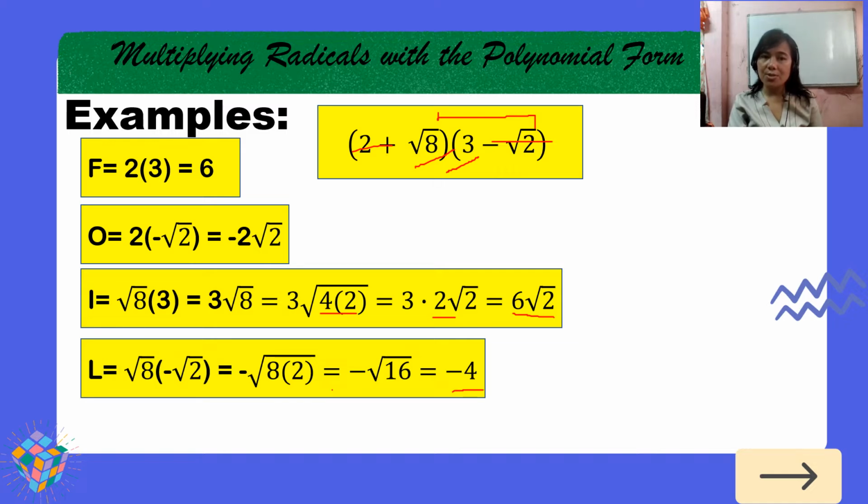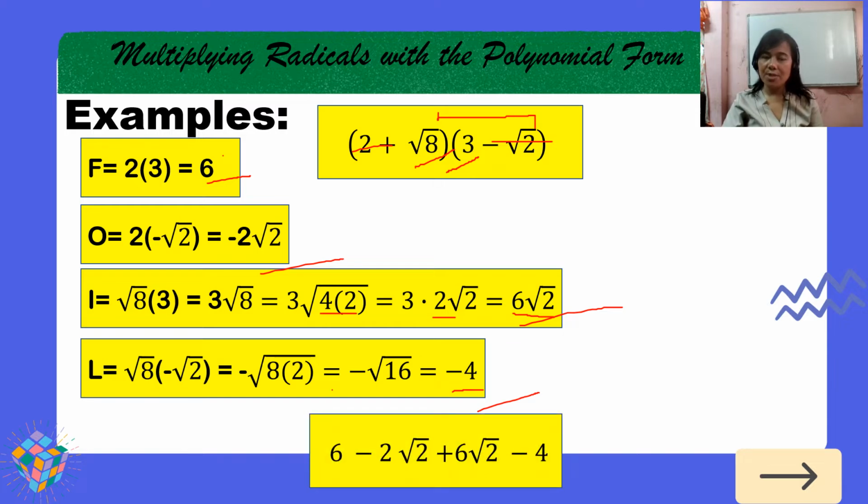Ngayon, we are going to add all the results sa dito, sa F, sa O, sa I, tsaka sa L. Okay? Adding them will have 6 minus 2 square root of 2 plus 6 square root of 2 minus 4. Ngayon, itong mga to are similar terms, square root of 2.